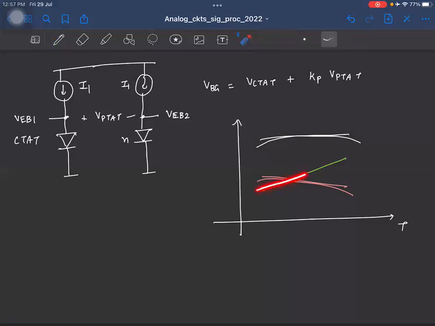This PTAT is correcting only for the linear slope, but you have higher order derivatives also that have not been corrected here. So that will show up like this. And if you want to cancel this also exactly, then you need to generate a PTAT voltage that will do something like this, right? So yeah, probably we'll stop here and we'll continue from the next class.